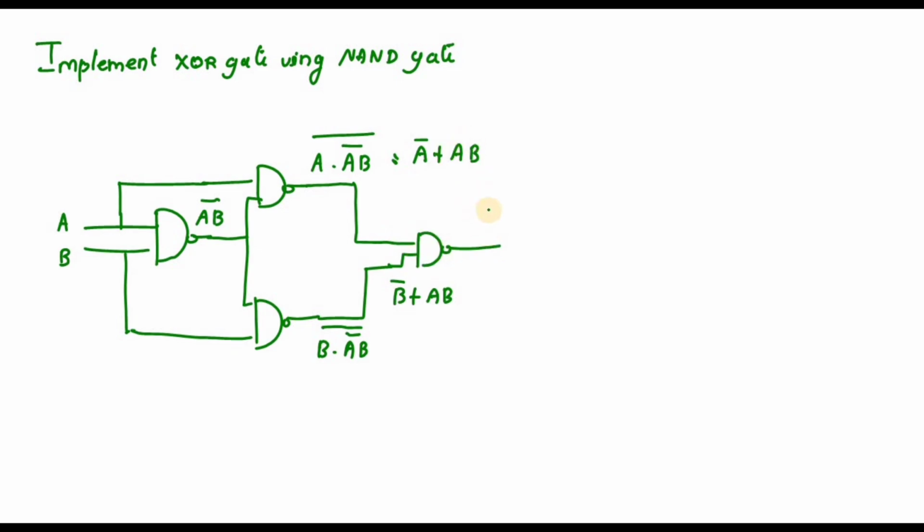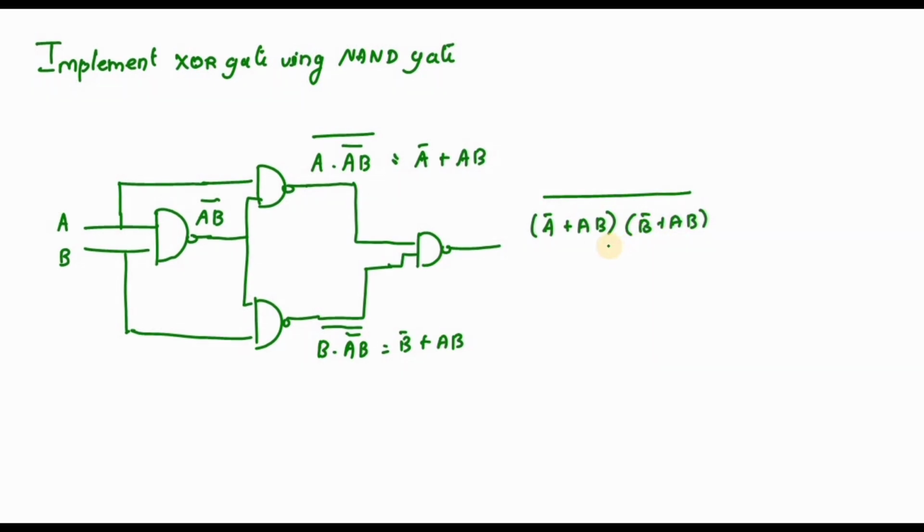So if I do like this, I'll write it as A bar plus AB, right? And the second as B bar plus AB. So if I multiply these two things, and take the whole part, I can even minimize it as (A bar plus B) into (A bar plus B), the second as (B bar plus A) into (B bar plus A).